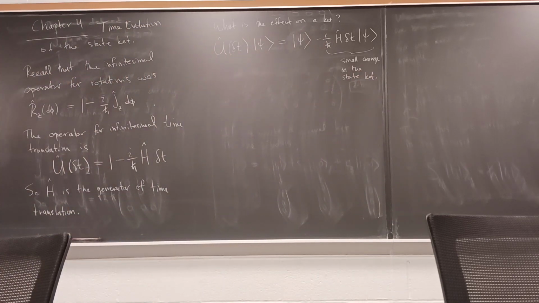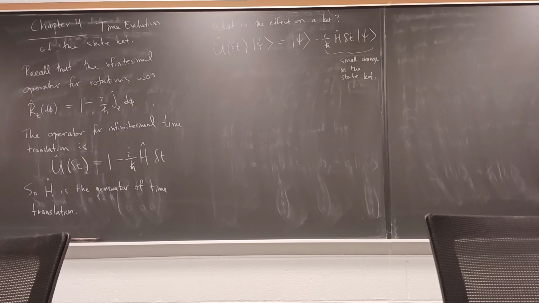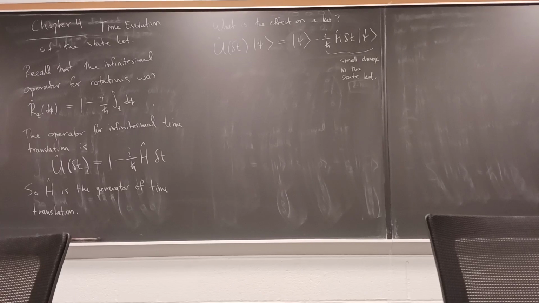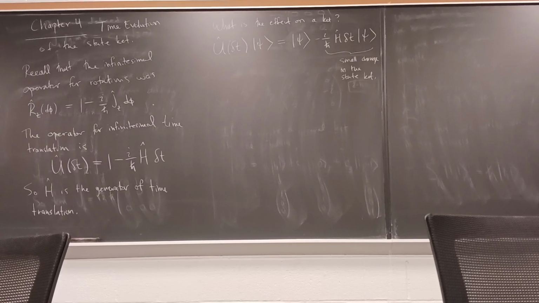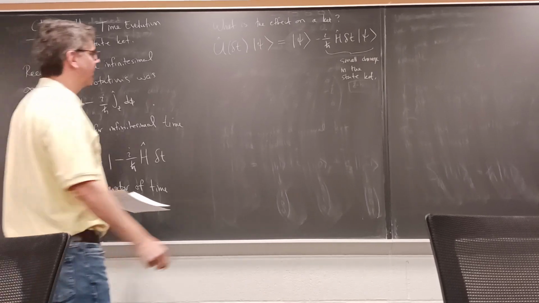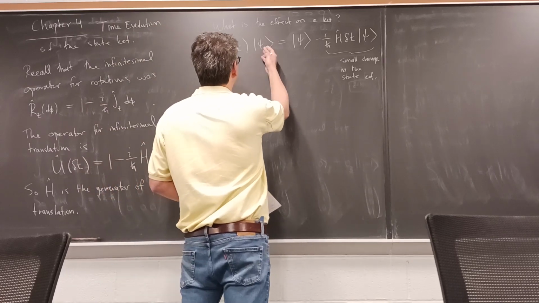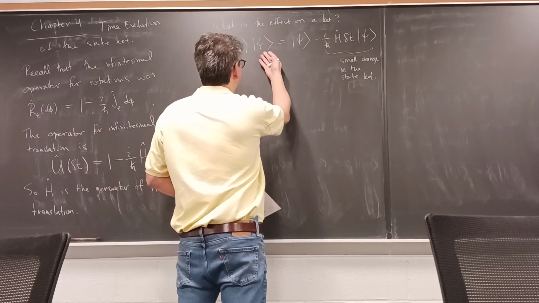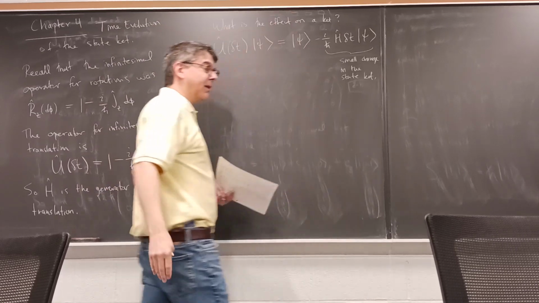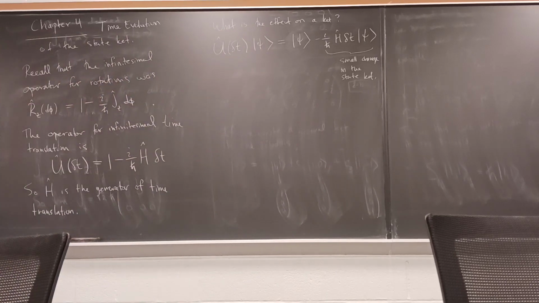So this is a small change in the state ket. Now, when we write this down and we talk about time evolution, we want to ascribe a ket to be at a particular time, and then we want to look at that ket at later times.